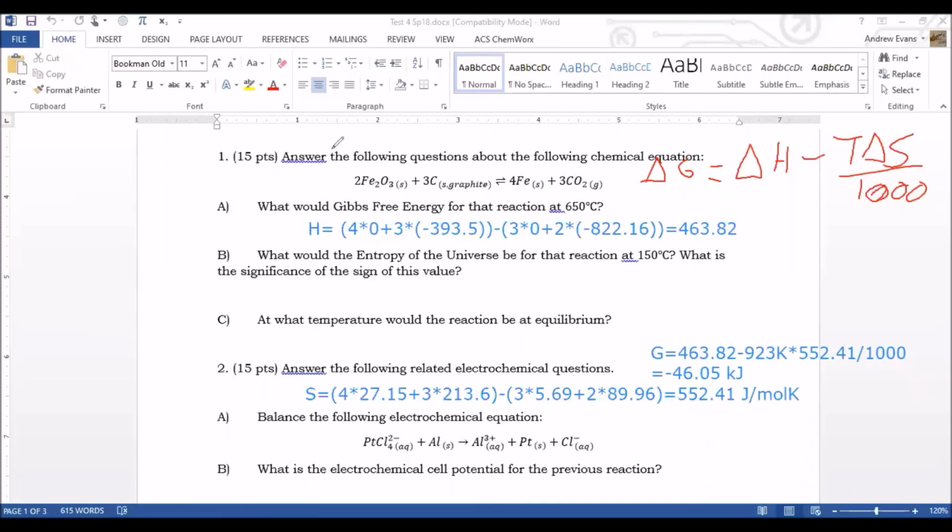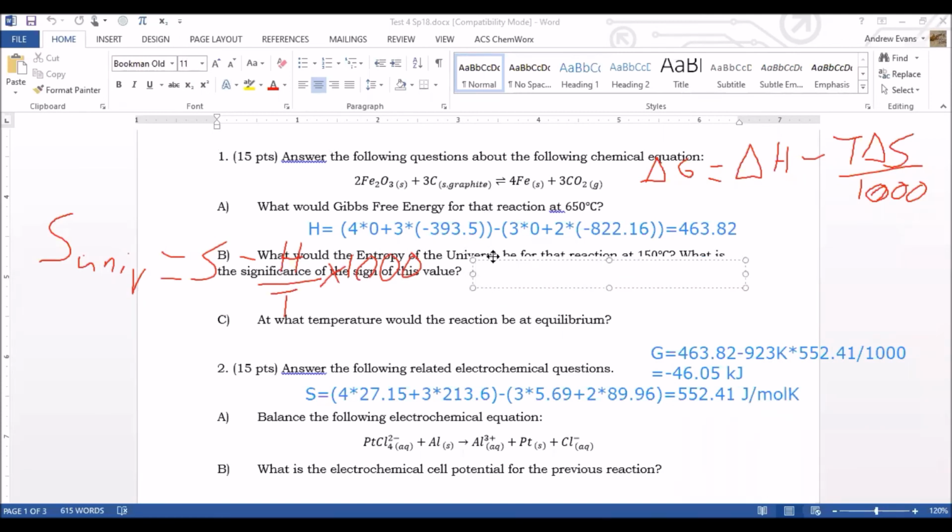can use the work we did for A to get there, because entropy of the universe is going to be equal to S minus H over T times 1,000, because entropy wants to be in joules per mole Kelvin.